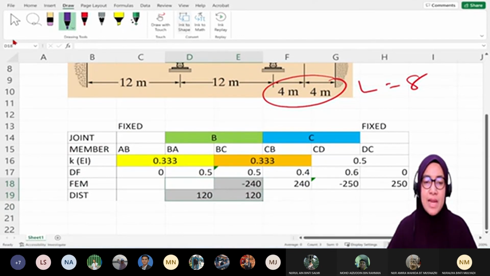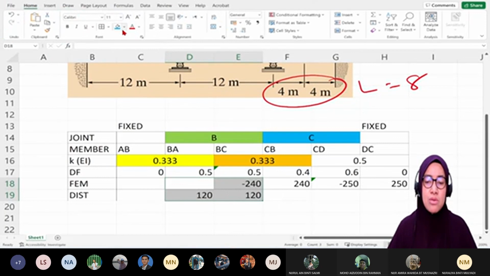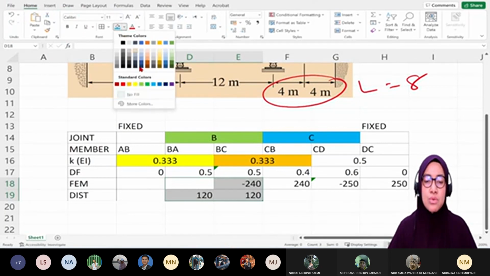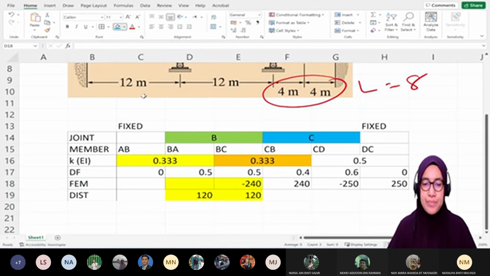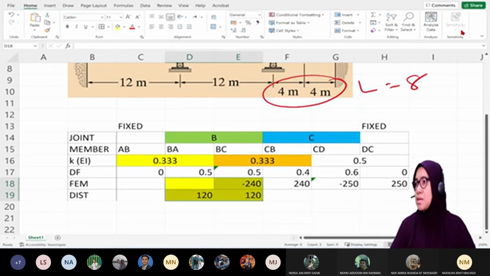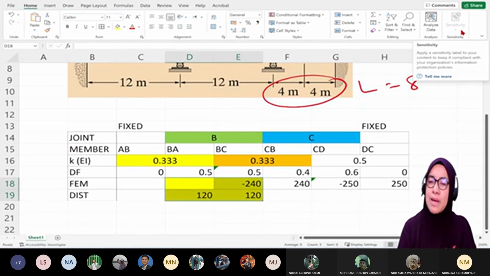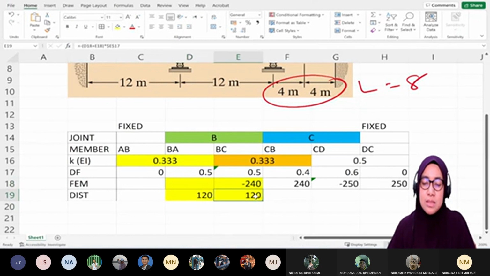Empat value ni kan. Okay, in total must equal to 0. Empat tu in total must equal to 0. Barulah betul. Kalau ada value, salah. It must be equal to 0. Okay, so kita dapat like this. So we do the same for the next one.